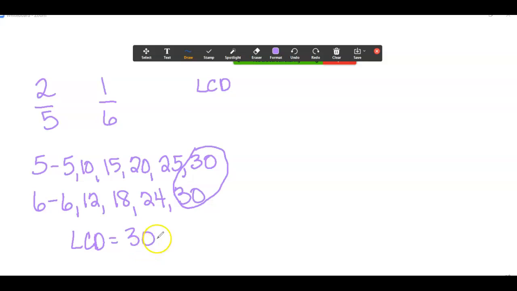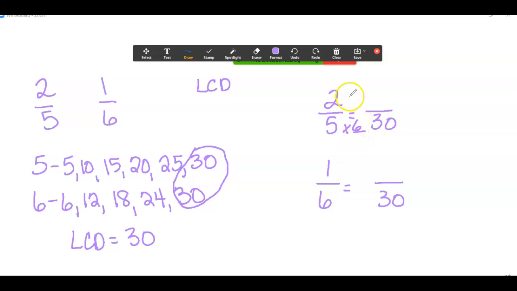So now that I know my LCD, now I change my 2/5 into 30ths, and I change my 1/6 into 30ths. And I just use my relationships. So 5 times what is 30? 6. What I do to the bottom, I do to the top. 2 times 6 is 12.